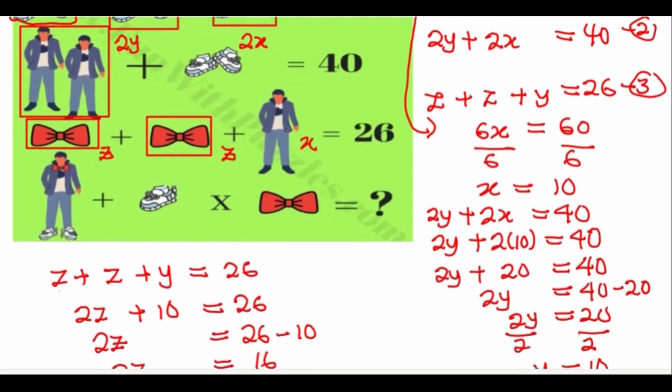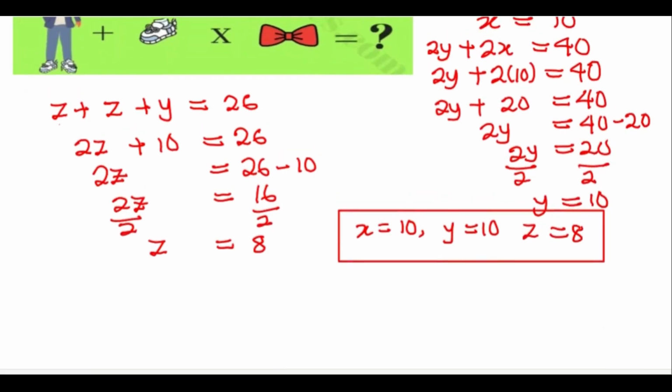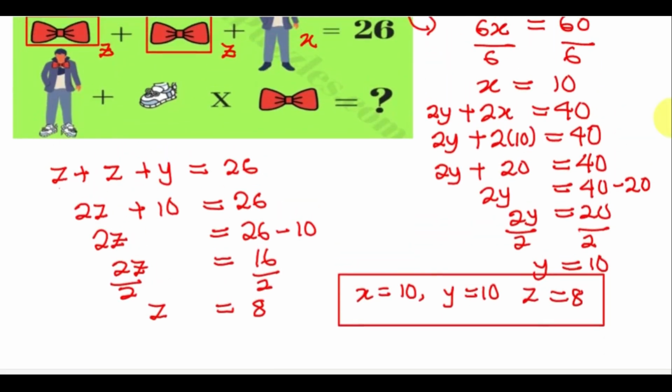So the man that we are solving for has a pair of shoes, which gives us 2x for the pair of shoes, plus the bow tie, which is z, and the man himself, which is y.